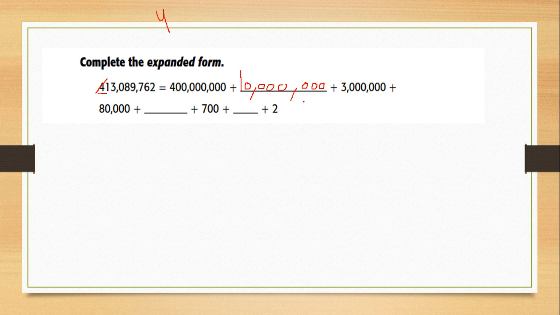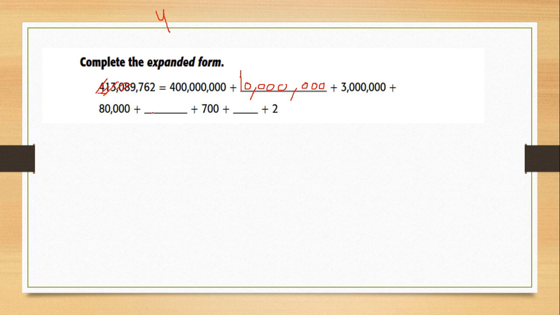When we put zeros, we respect the place of the digit. So we take 4 and 1, the next one is 3, he already wrote it for you in the question, and the second one here is 0. When we add 0 to any number, will it make any difference? No, right? So just ignore. The second 8, he already wrote it for you, so just skip.